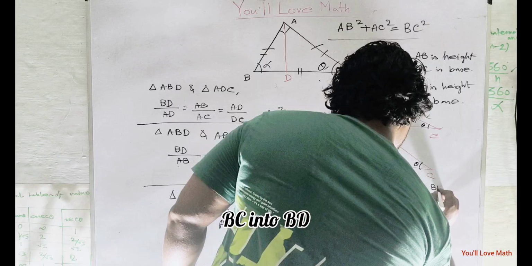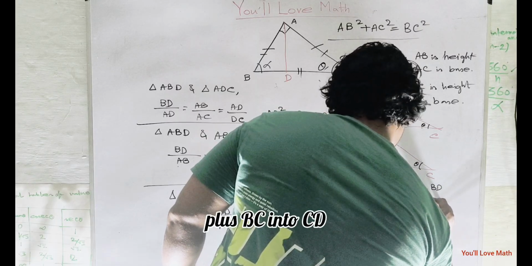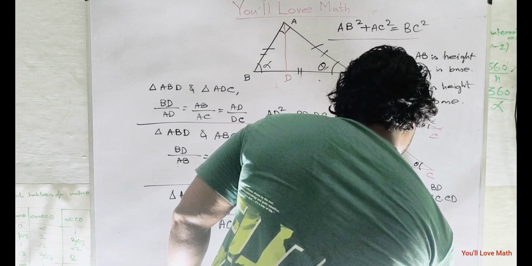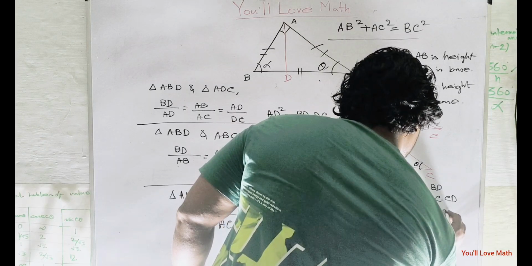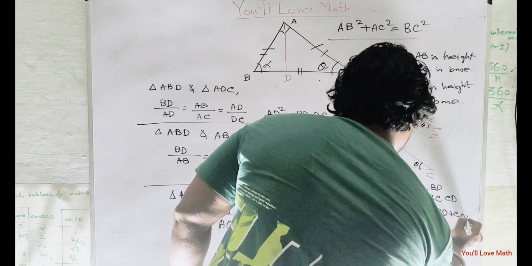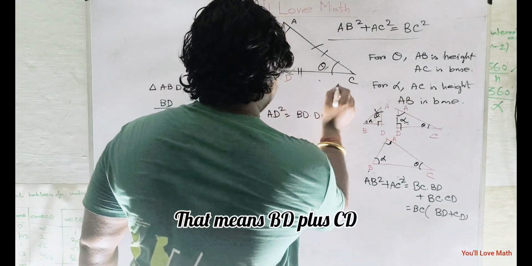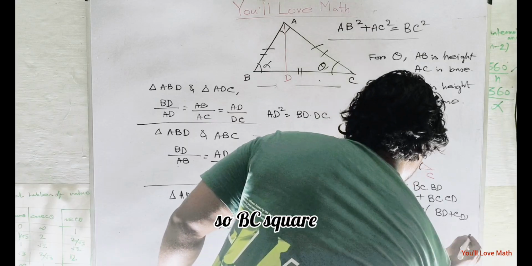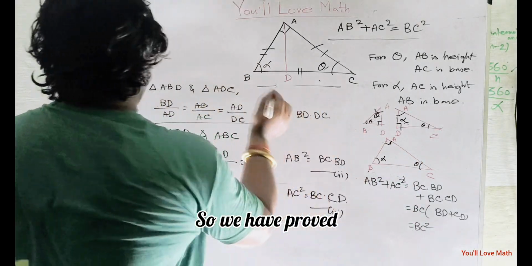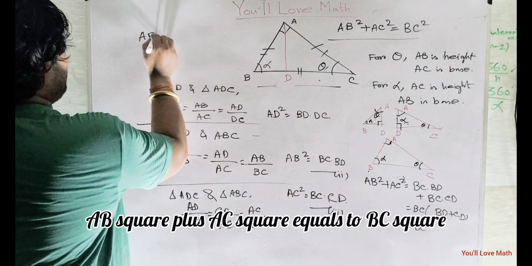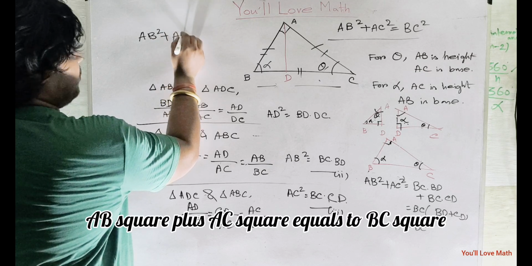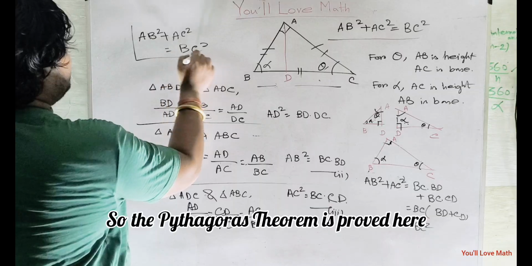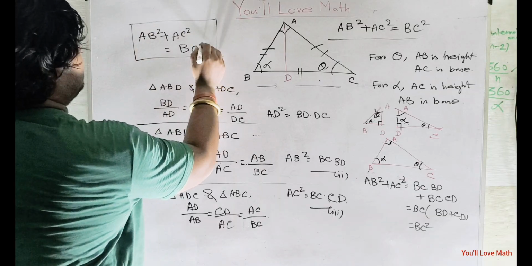BC into BD plus BC into CD. Take BC common. So what will we get? BD plus CD, that means BC. So BC square. So we have proved AB square plus AC square equals BC square. So the Pythagoras theorem is proved here.